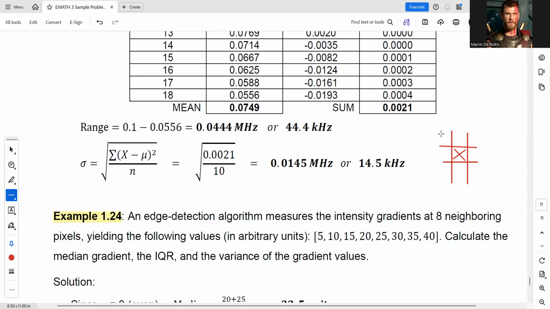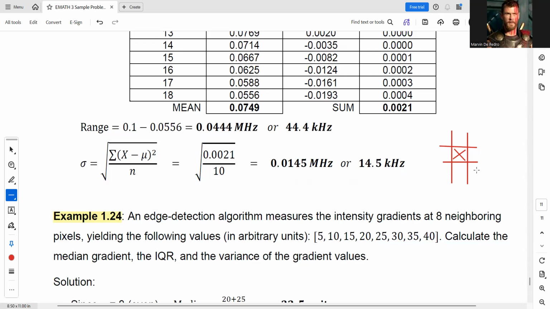So all in all, this one has 9 pixels. So this is 1 pixel, and the 8 neighboring pixels are here. The values, from left to right, are 5, 10, 15, 20, 25, 30, 35, 40. Okay, so that's the sequence when we are talking about pixels.